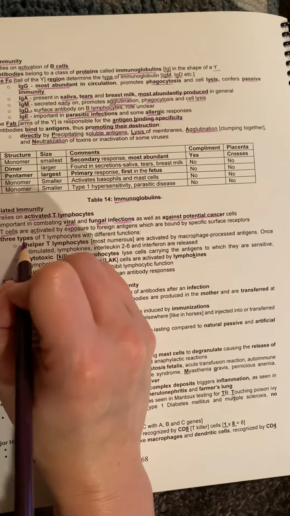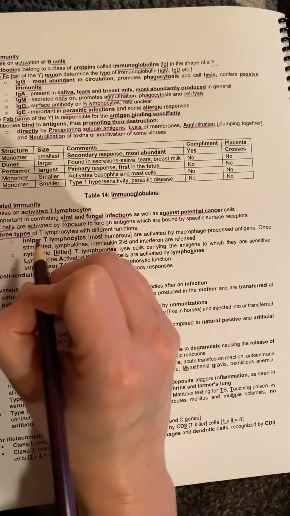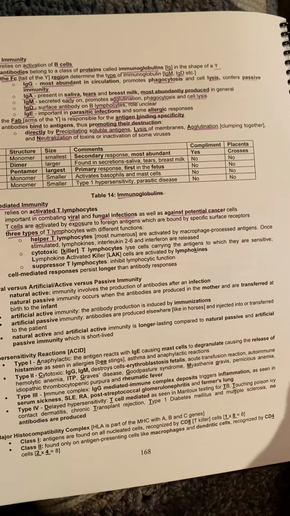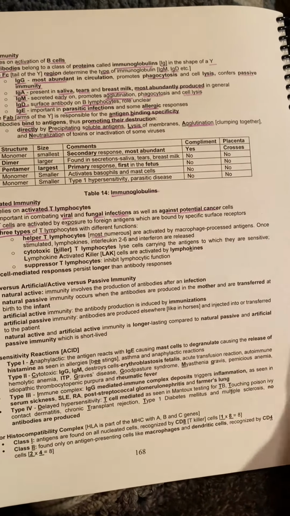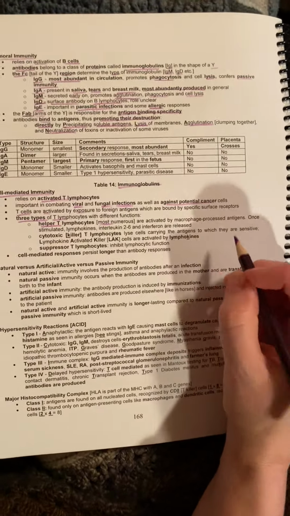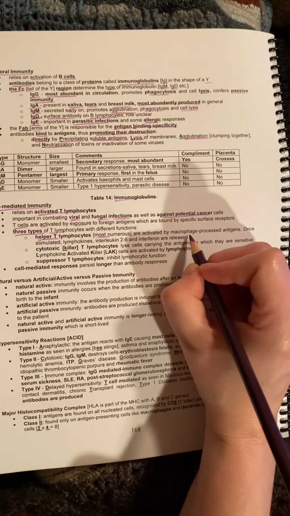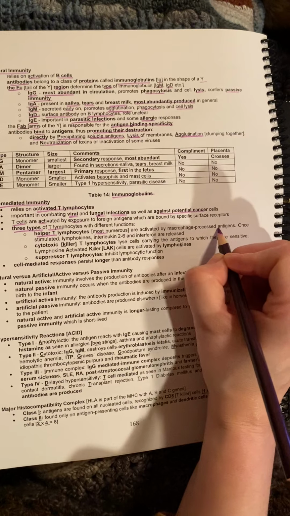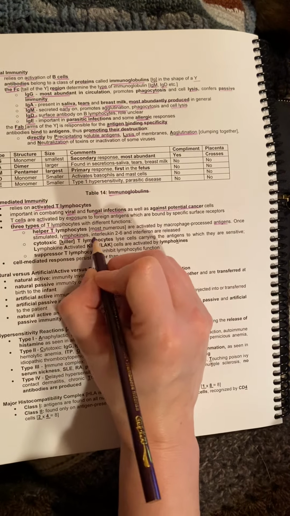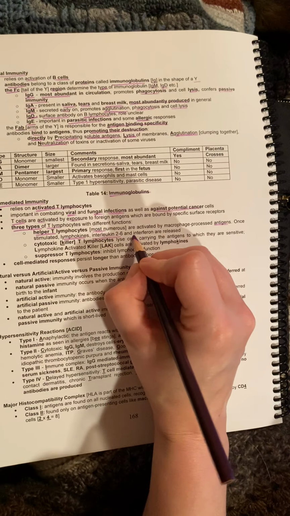Three types of T lymphocytes, with different functions. Helper Ts are the most numerous. They're activated by macrophage processed antigens. Once stimulated, lymphokines, interleukin 2 through 6, and interferon are released.